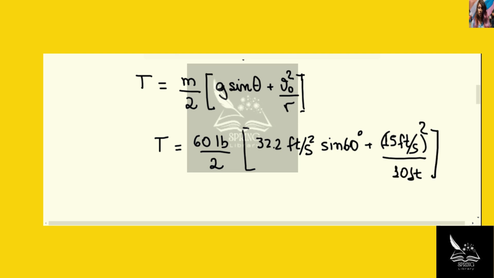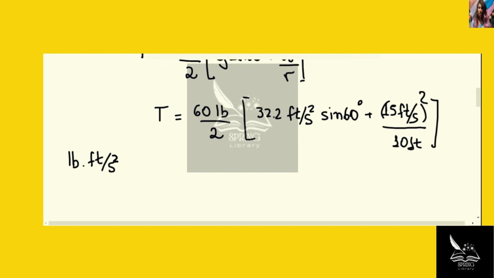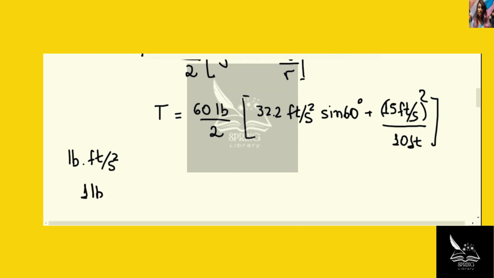Now the answer will be in pounds times feet per second squared. Now we know that 1 pound force is equal to 32.2 pounds times feet per second squared.